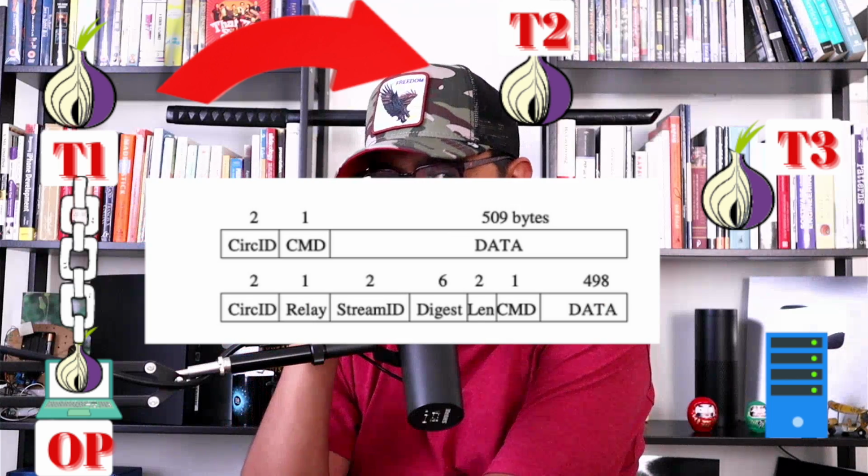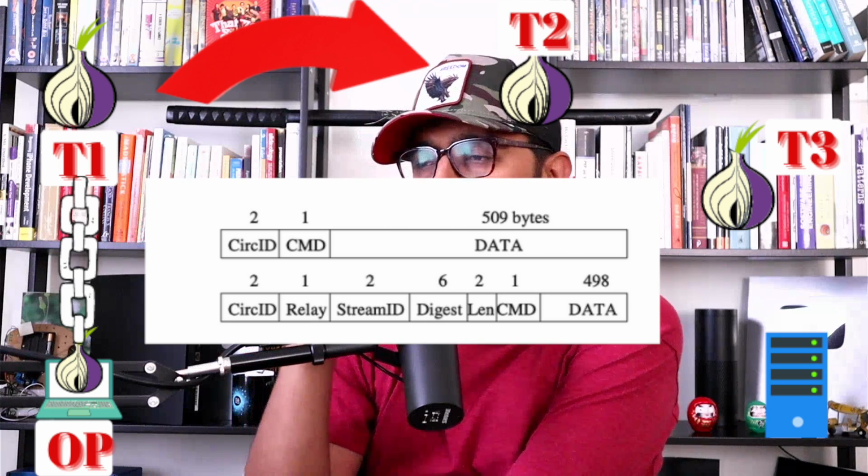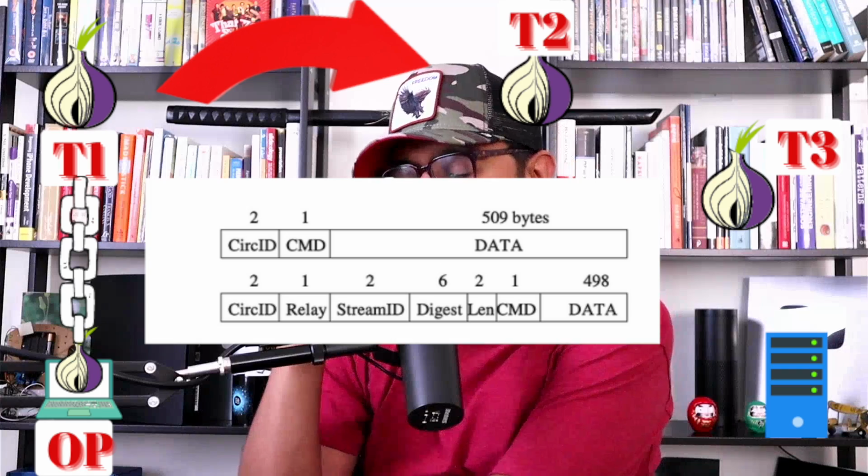They have a circuit ID field in every single packet that you send that identifies packets, right? The second thing I want to do is to extend my circuit, right? So now I just talk to T1. I say, hey T1, please extend circuit C1 to T2. That is a command that says extend the circuit.